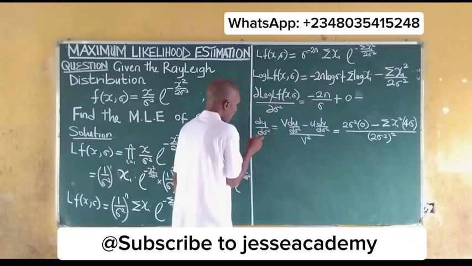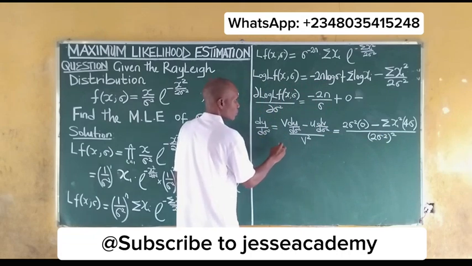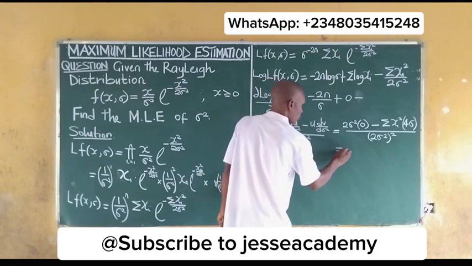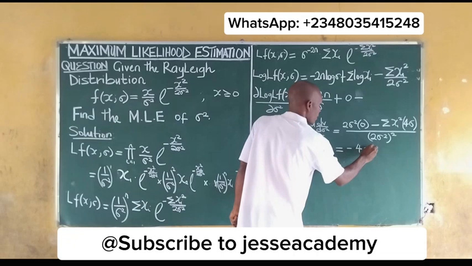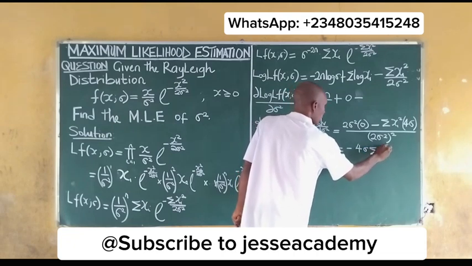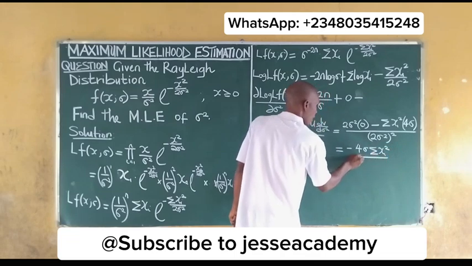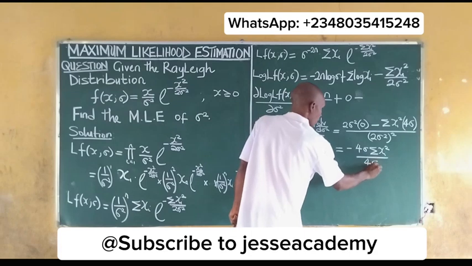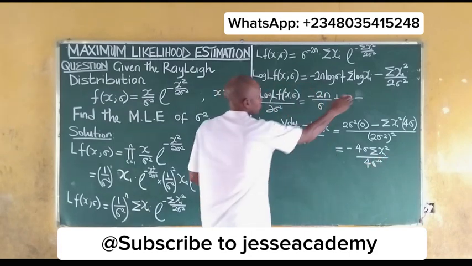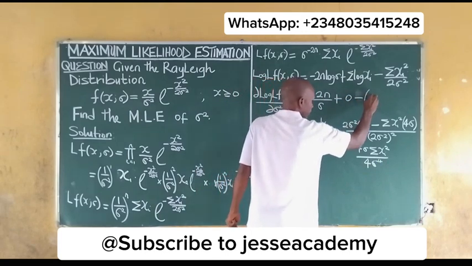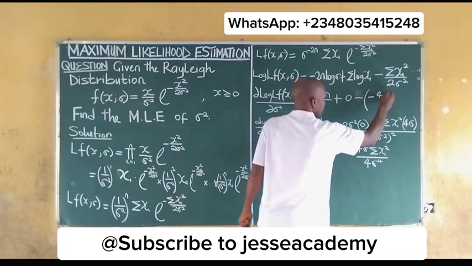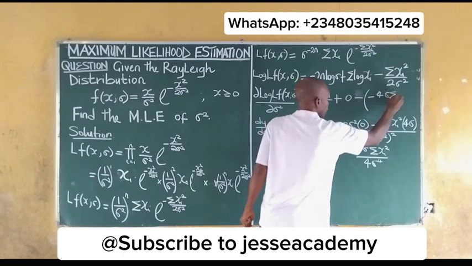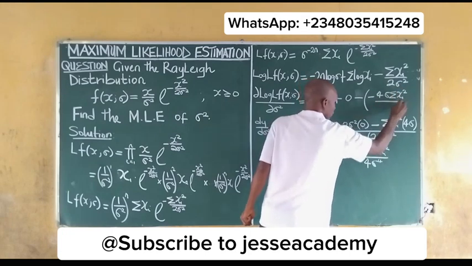So it then means that our derivative will be equal to negative 4 sigma summation of xi squared all over 4 sigma to the power 4.